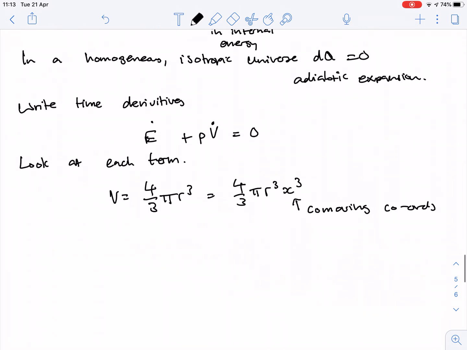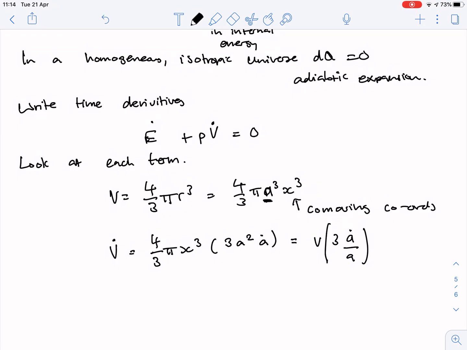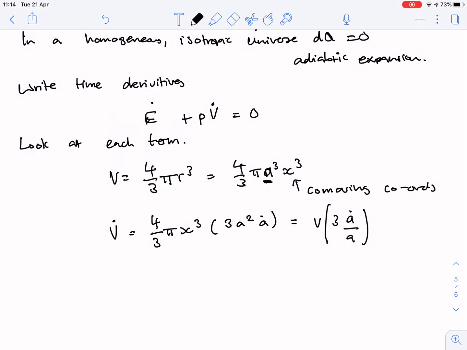And so I can write V dot is equal to 4/3 pi x cubed, because that bit doesn't change, times 3a squared a dot when I differentiate it. And then I can pull out, if I want, this bit again, the 4/3 pi a cubed x cubed. Sorry, a cubed, this is where I get it wrong. This is an a cubed x cubed. And that's equal to V times 3a dot over a. So apologies here, I wrote an r originally. That is an a. V times 3a dot over a.